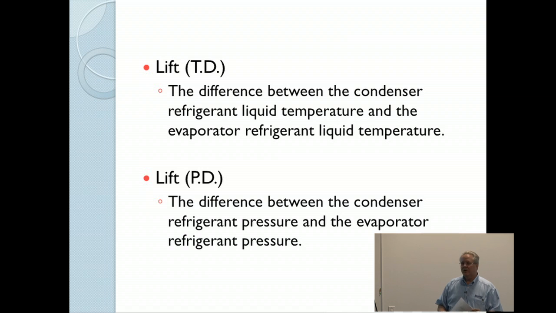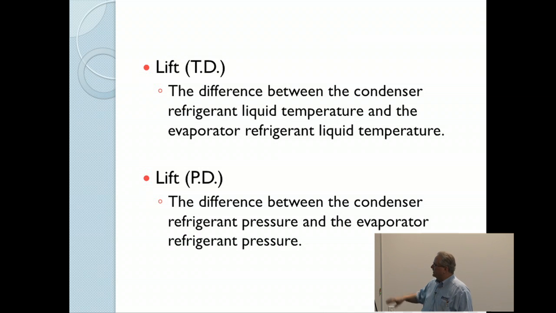We have a concept called lift. This defines how much work the compressor has to do, how much lift it has to create in the refrigerant to get the refrigeration cycle to work. It's easy to read temperatures and pictorially display temperature difference in lift.